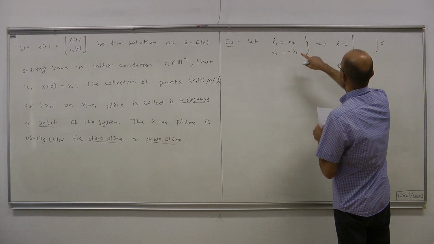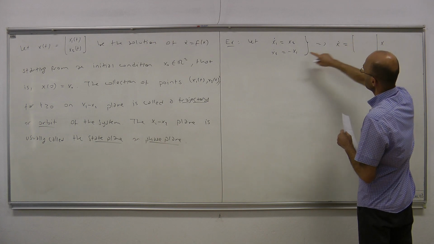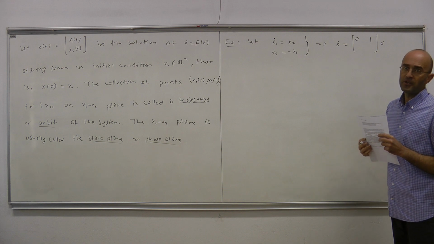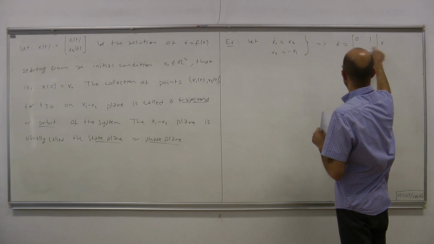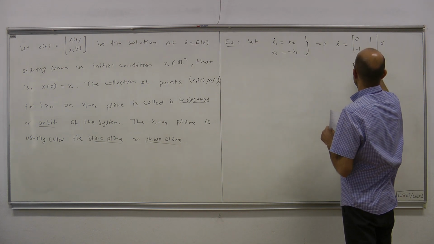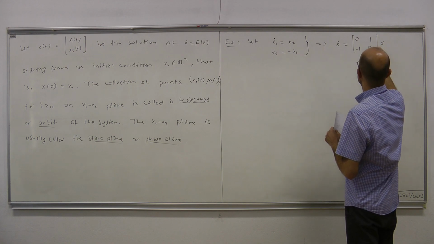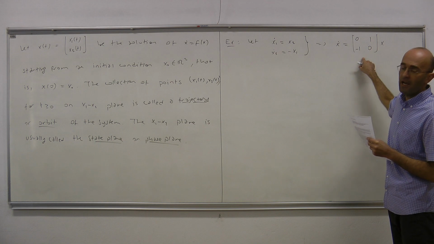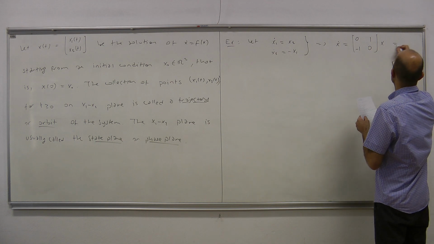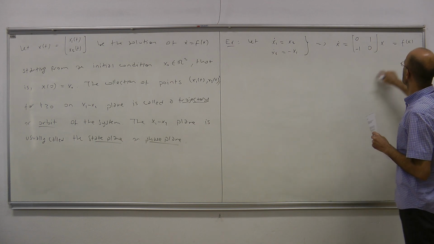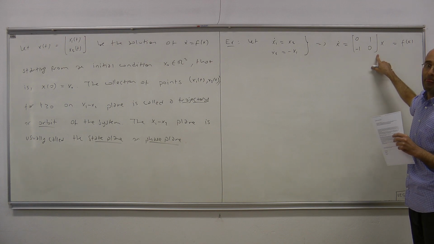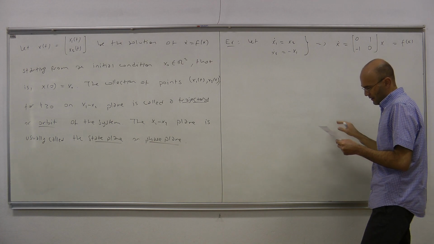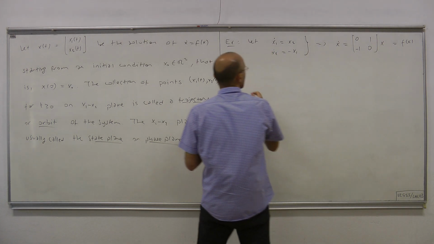So x1 dot is 0 times x1 plus 1 times x2, and x2 dot, the second row, is minus 1 times x1 plus 0 times x2. Therefore, this matrix is our A matrix. In this case, f of x turns out to be a linear mapping, which we can write as A times x.